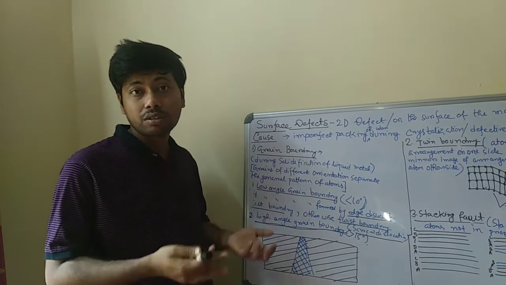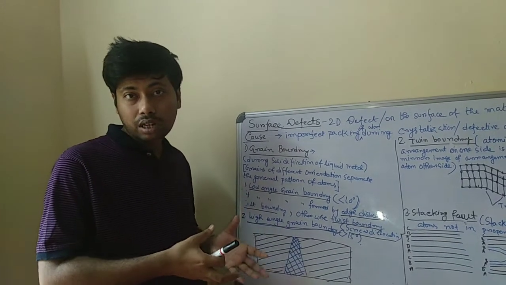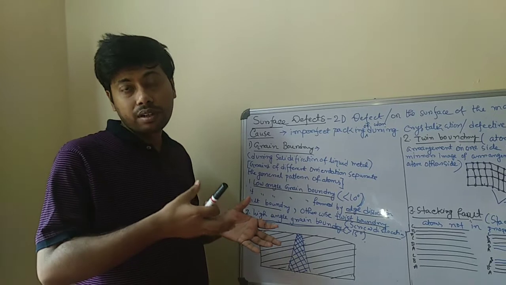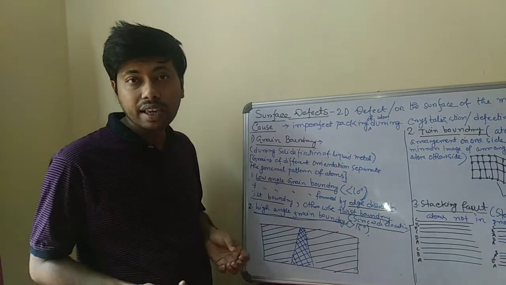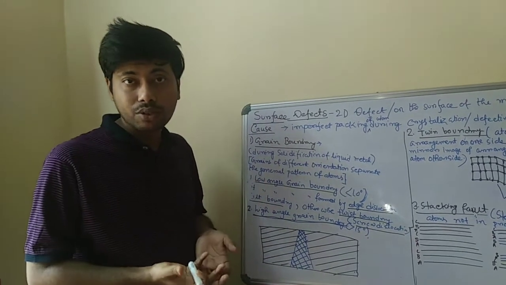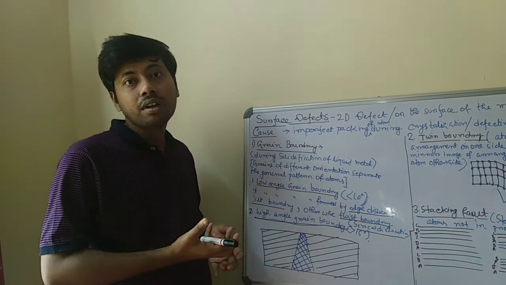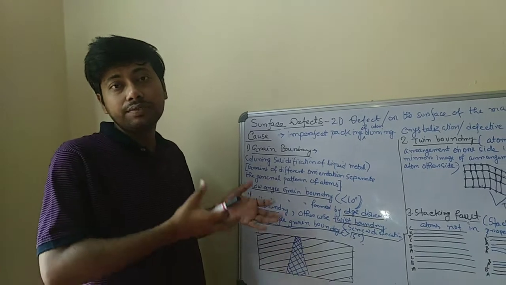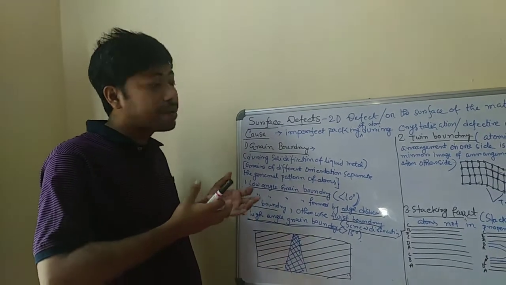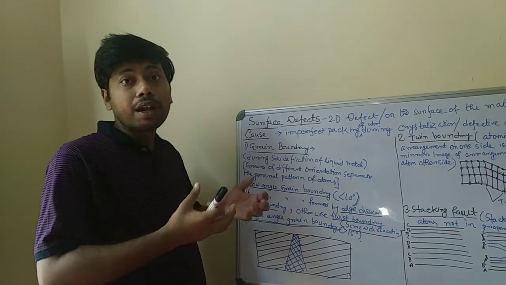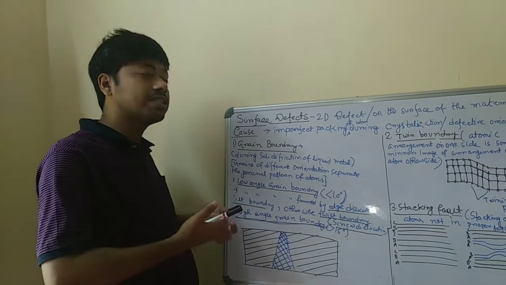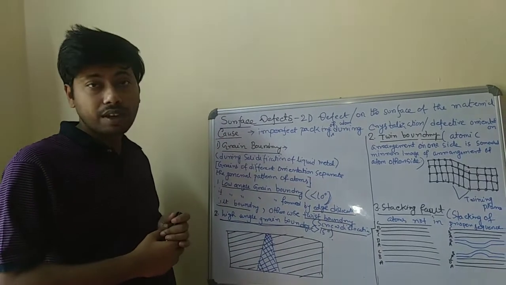Crystallization is the process in which the old crystal structure deforms and forms new crystal grains. So in this process, new grains are formed, and the packing of the atoms is imperfect in nature. That's why the surface defect may occur. This is the first reason.